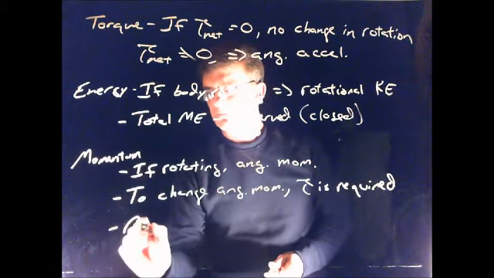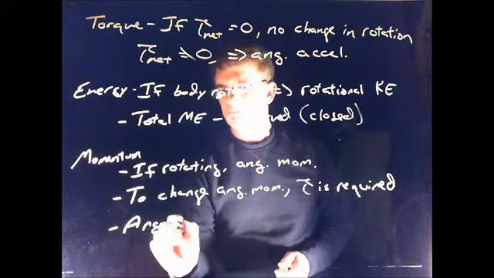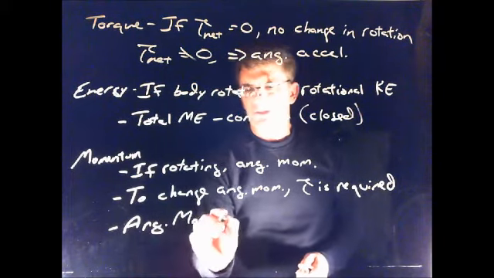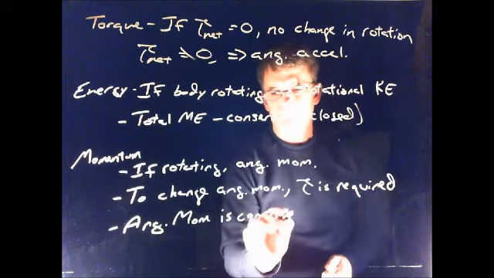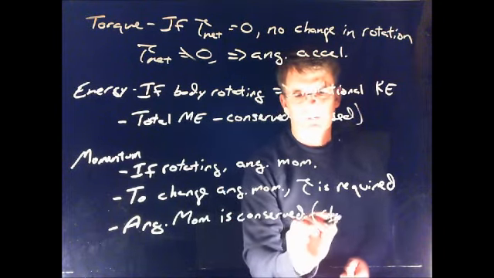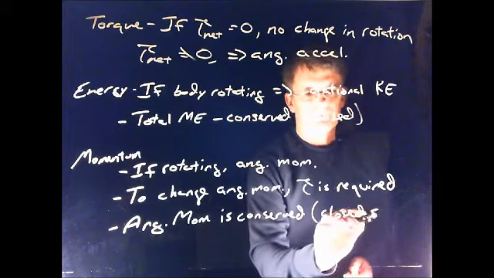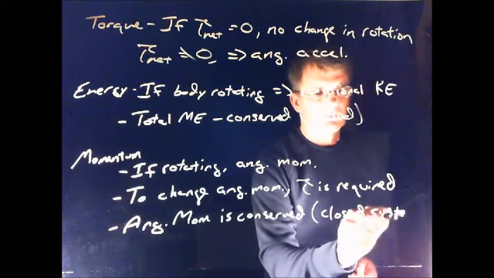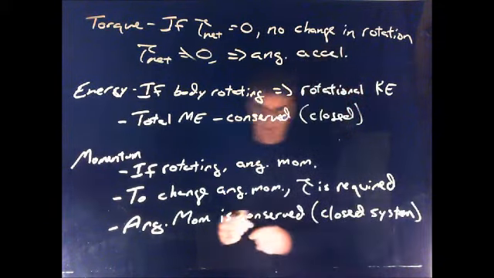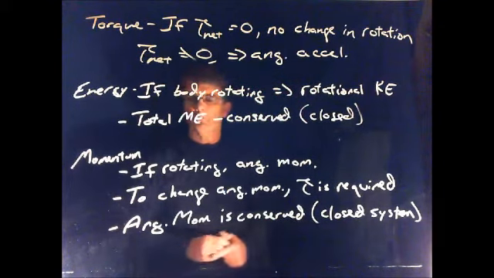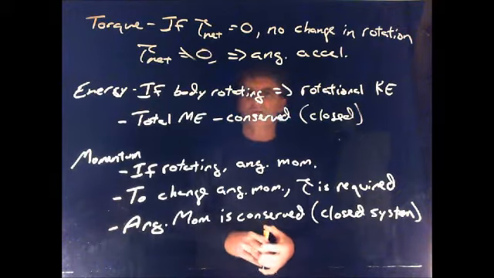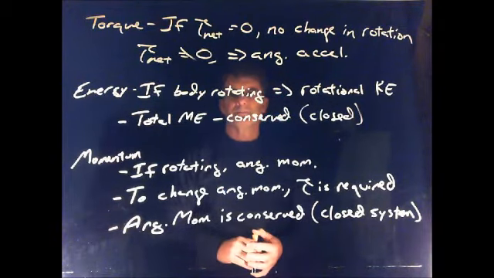Angular momentum is conserved. Again, closed system. And we'll talk more about what closed system means with the angular momentum aspect in Unit 7C.